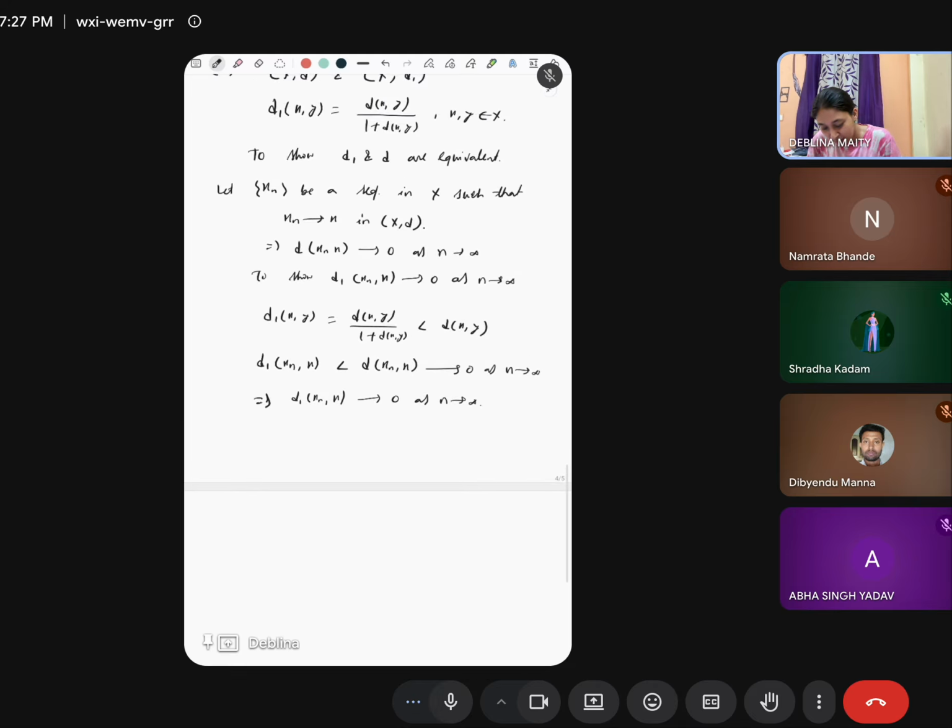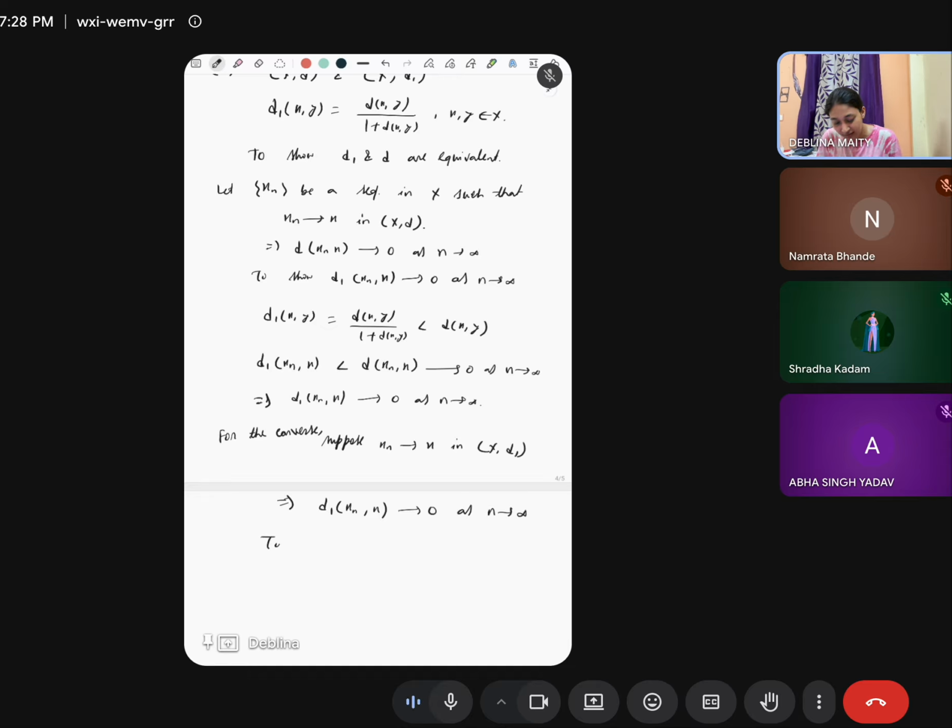Now suppose, for the converse, xn converges to x in (X, d1). This means d1(xn, x) goes to 0 as n goes to infinity. We have to show d(xn, x) goes to 0 as n tends to infinity.